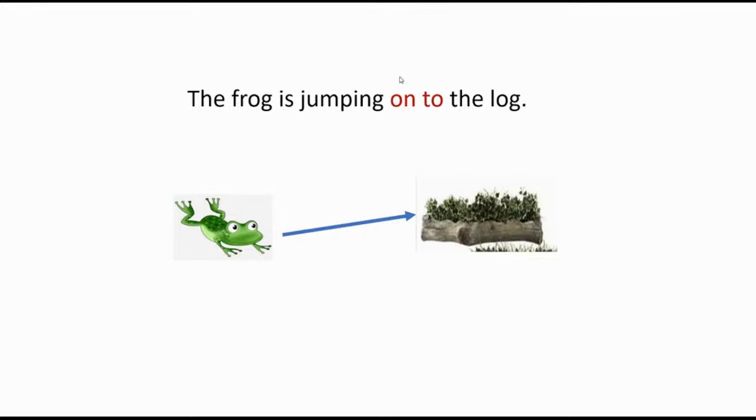That's what onto means. Alright, so let's look at the animation. Okay, so the destination of the frog is on the top surface. The frog is jumping onto the log. Okay?